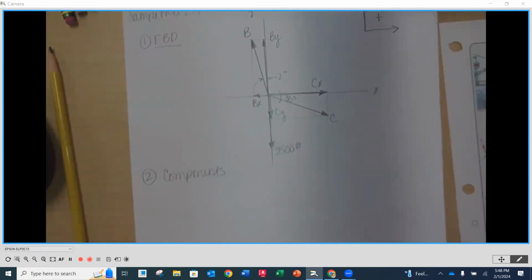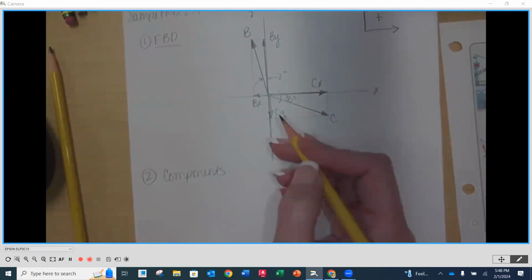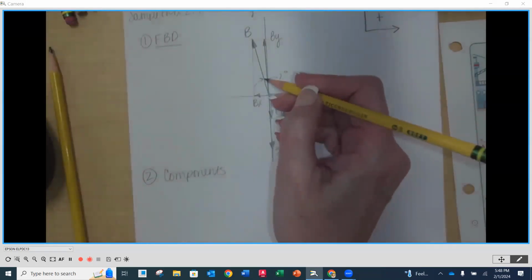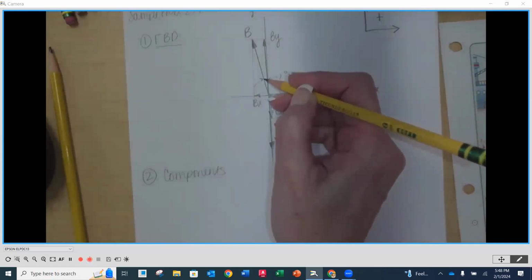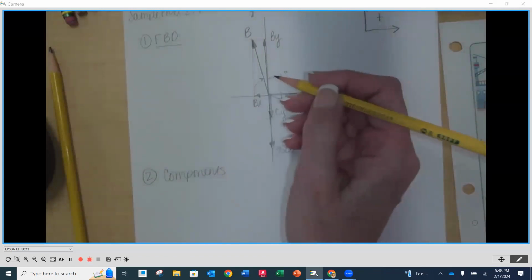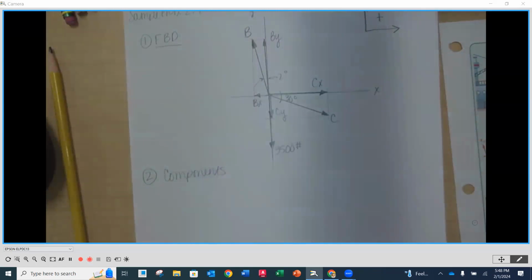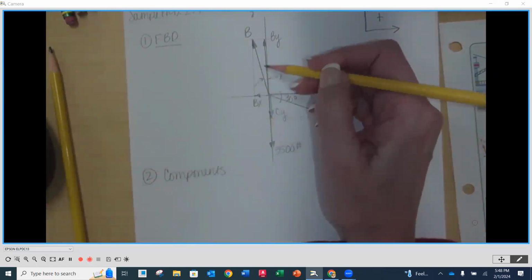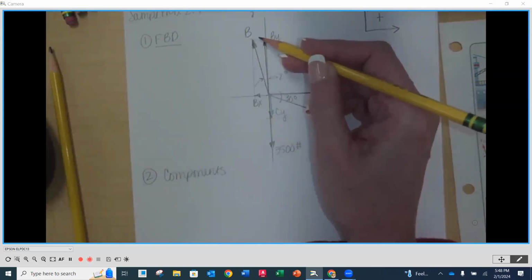So BX, BY, CX, CY. So let's look at our BX, okay? Our BX right now, it's going to be our horizontal. And you'll notice that we're given our 2 degrees here, right? Using original information, and it's always good to do that. It would mean that my X component is an equivalent length out here.